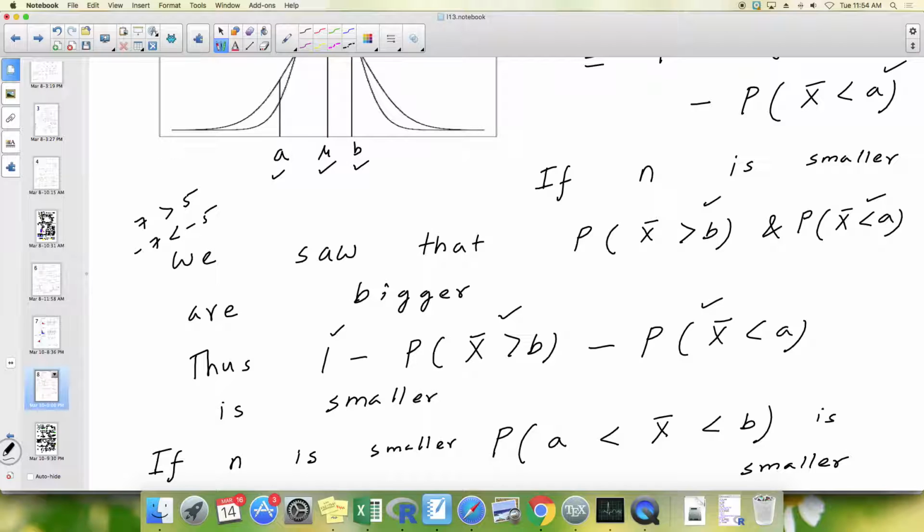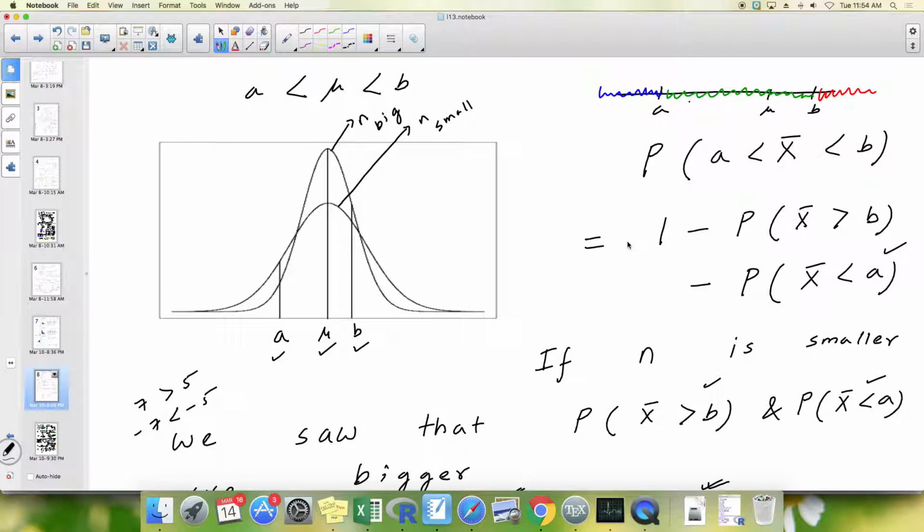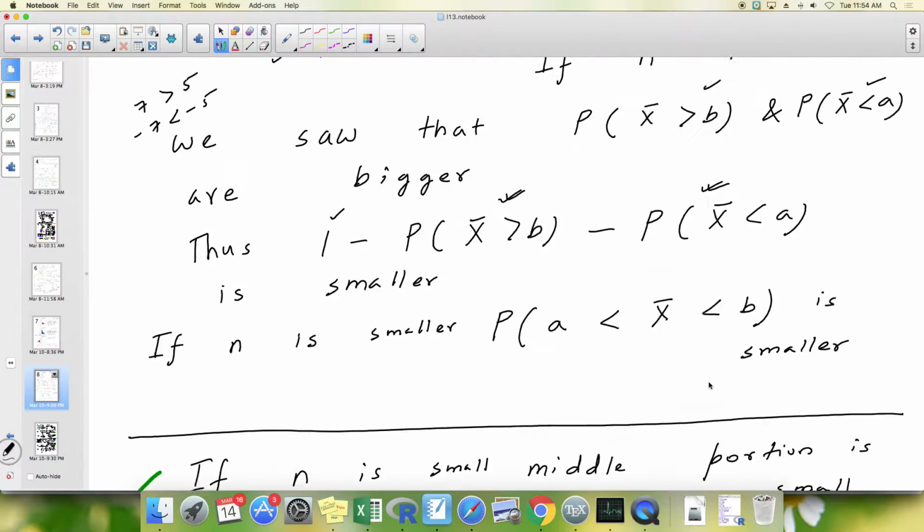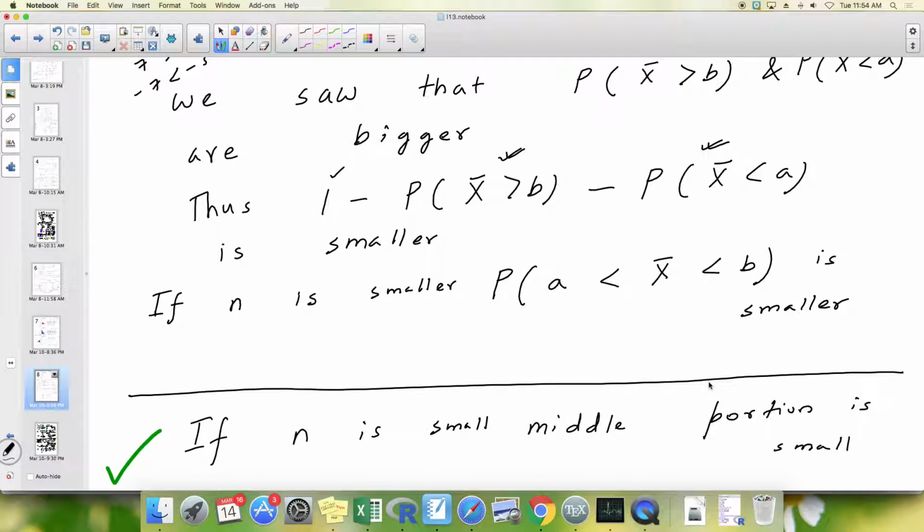So if the right tail and the left tail both go bigger, then 1 minus right tail minus left tail becomes smaller. That's my logic. And if that happens, that means this guy goes smaller. And hence we have proved what we want to prove.